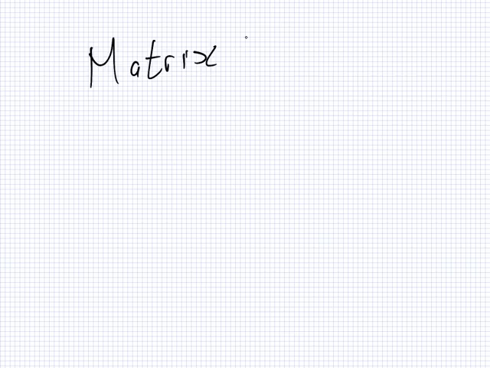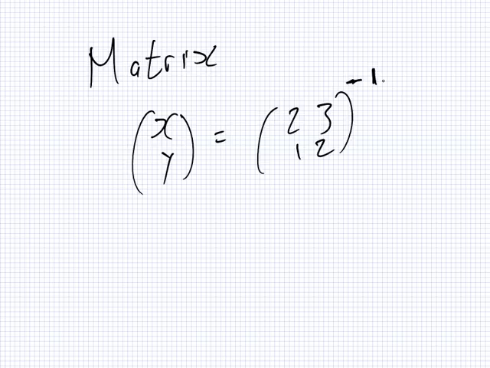Some people know this method. You remember this method, so you'd have something like xy equals 2, 3, 1, 2 minus 2, 2. You know this one?